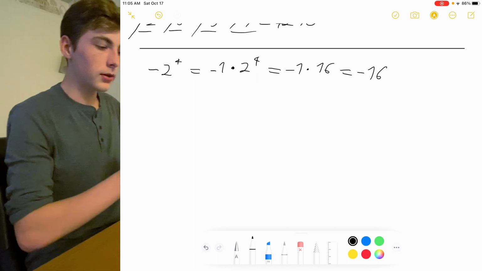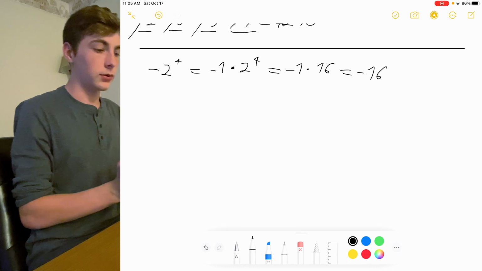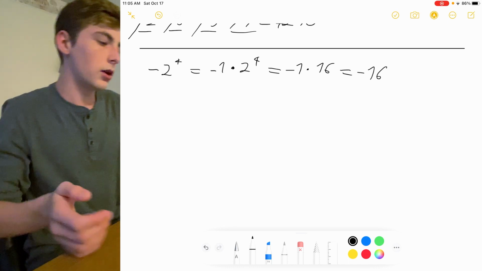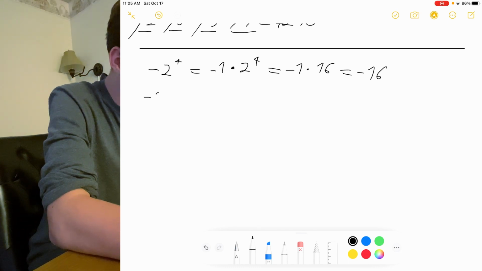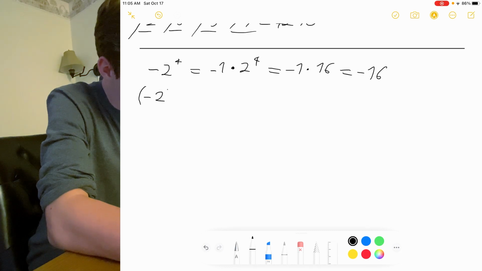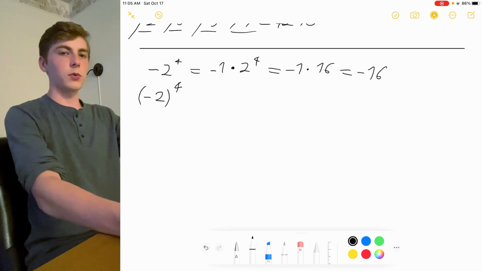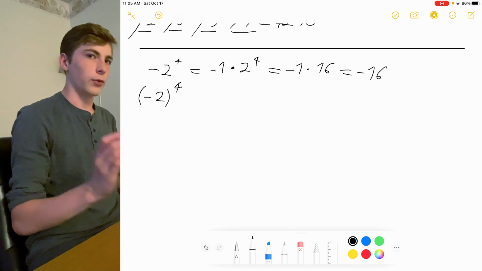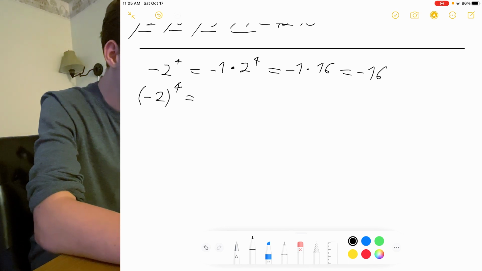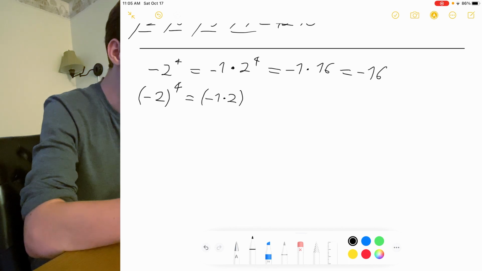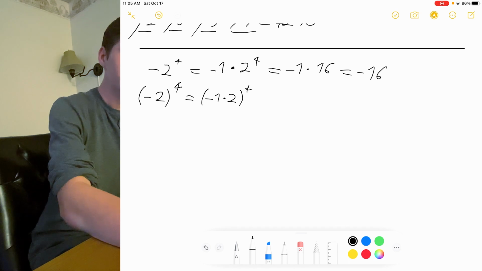Let's say you wanted it to be that other one, where it was negative 2 times negative 2 times negative 2 times negative 2. Well, the way we would write that is we would put parentheses around that negative 2 and then put the exponent. Because what happens before exponents? Parentheses, right? So if we write it the same way now, it's going to be negative 1 times 2 in parentheses to the 4th.